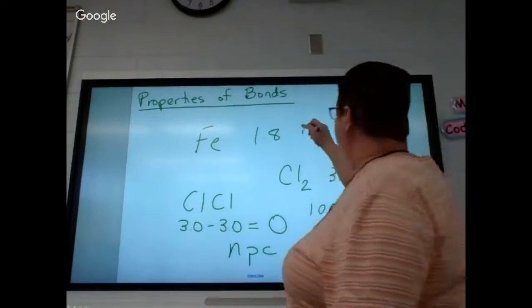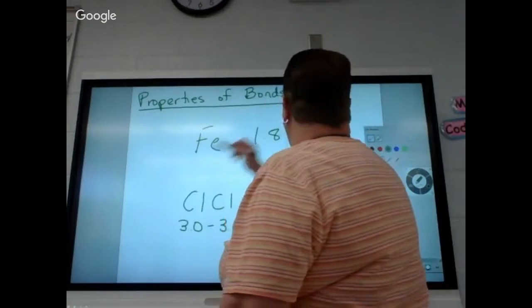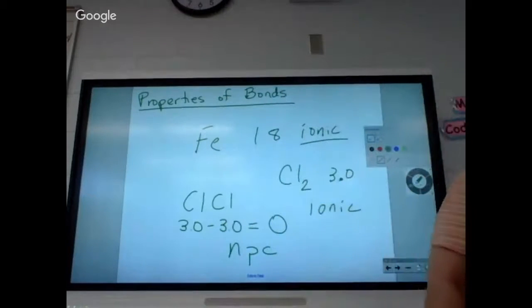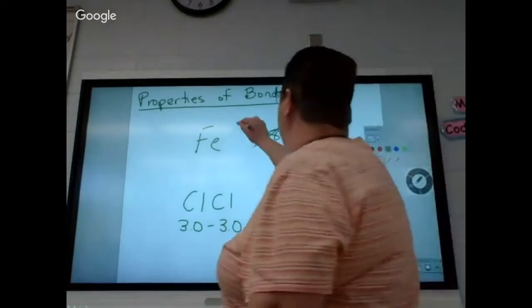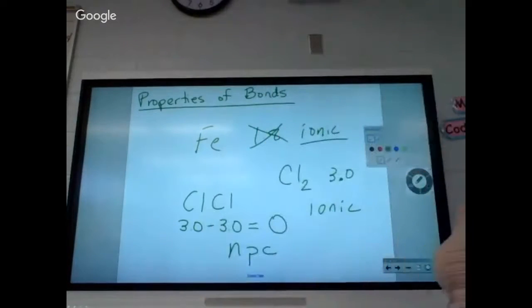They sure did. They wrote down ionic. They looked it up on the electronegativity table and said it was ionic. You can't do that either. If it's just one single element and it's a metal, you're supposed to write down that it's a metal. You don't use its number, and it doesn't get used on the scale from 4 to 0. You have to leave it out.